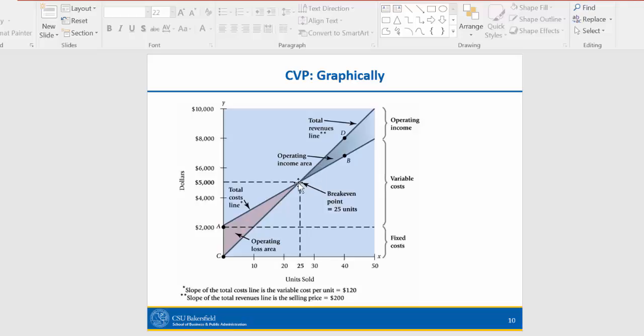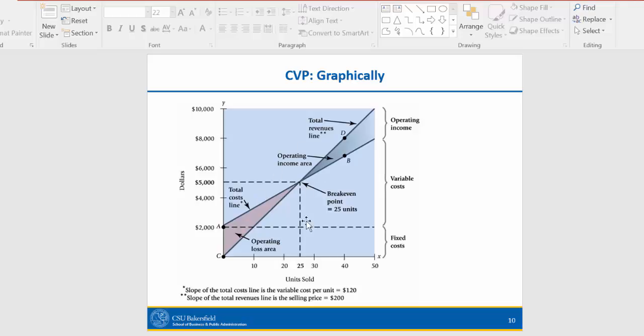Then basically there are two regions. This blue one is the operating income area, and this light red region indicates the operating loss area. Then at a break-even point, you get zero profit, or zero loss, either way.